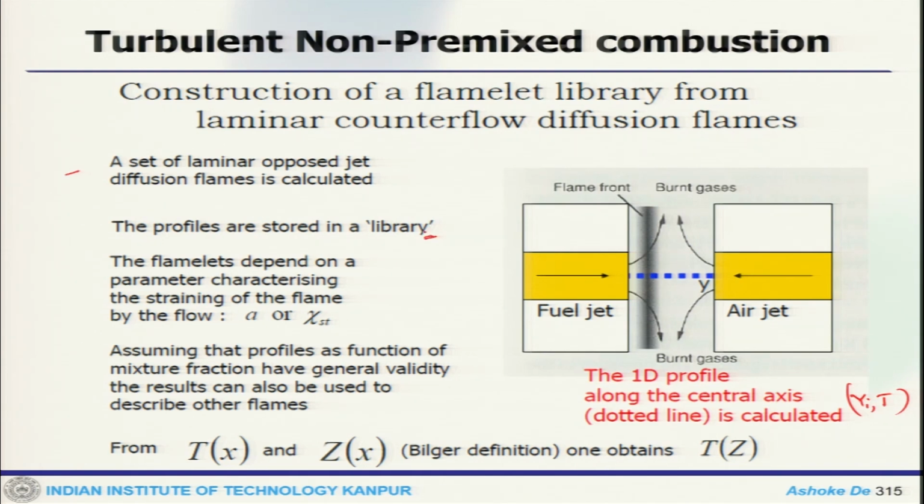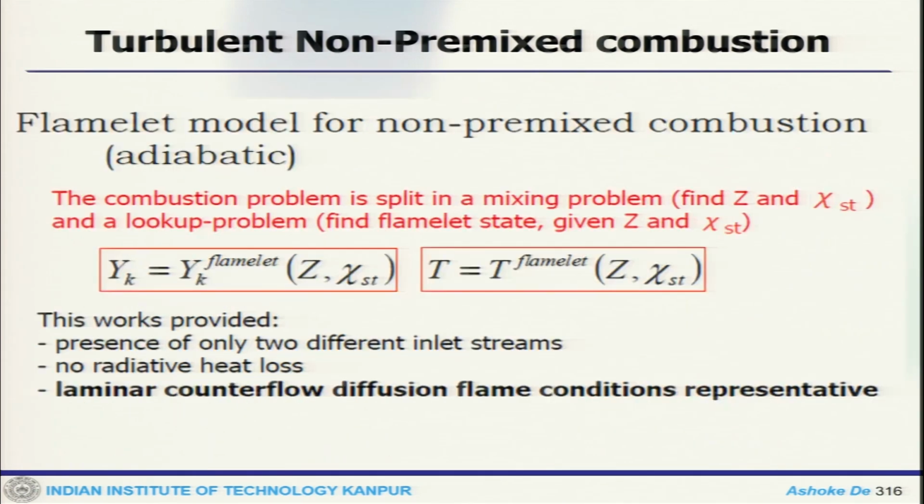That is important. That's why I said these things are done at the pre-processing stage, so it is not what usually takes place during the calculation. Then it depends on the characteristic straining of the flame, that is A or chi stoichiometric, and then you assume the profile for T and Z.